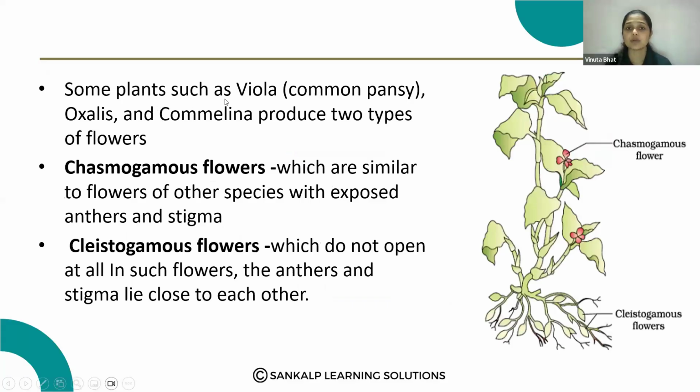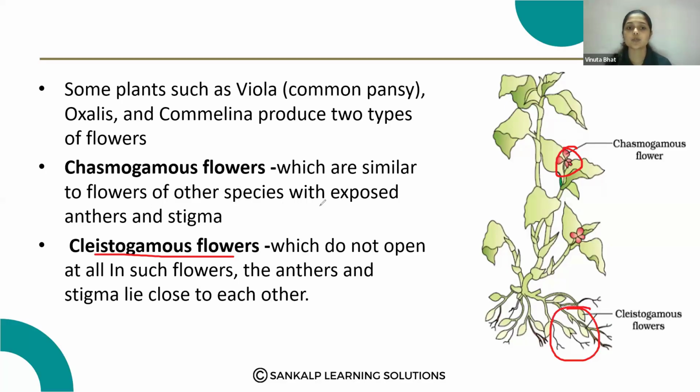Some plants like viola, oxalis and commelina produce two types of flowers: chasmogamous flowers and cleistogamous flowers. What are chasmogamous flowers?